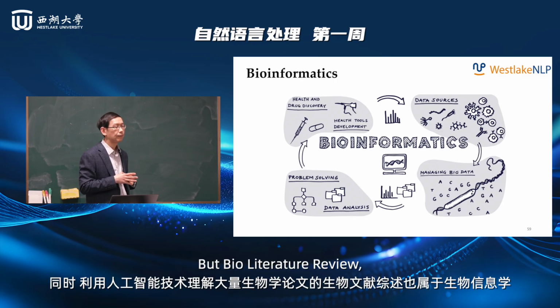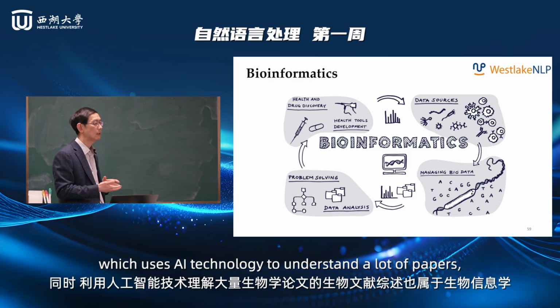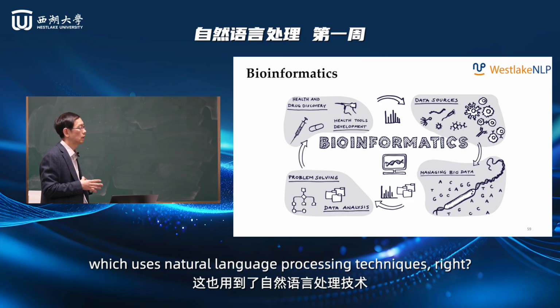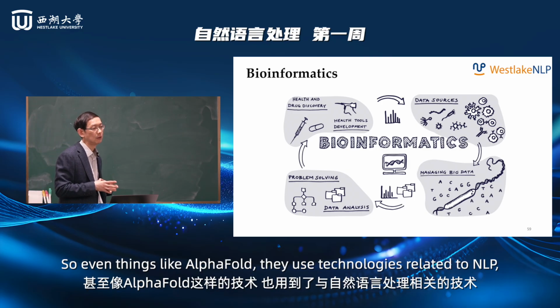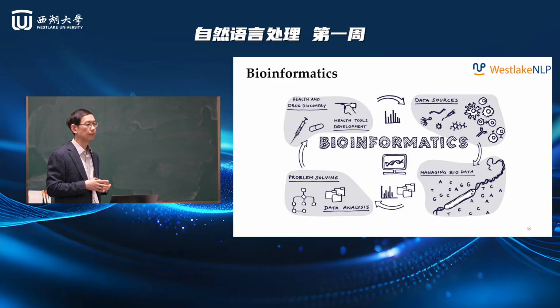But bioliterature review, which uses AI technology to understand a lot of papers, also belongs to bioinformatics, which uses natural language processing techniques, right? So even things like AlphaFold use technologies related to NLP, which you will learn in my course, okay?